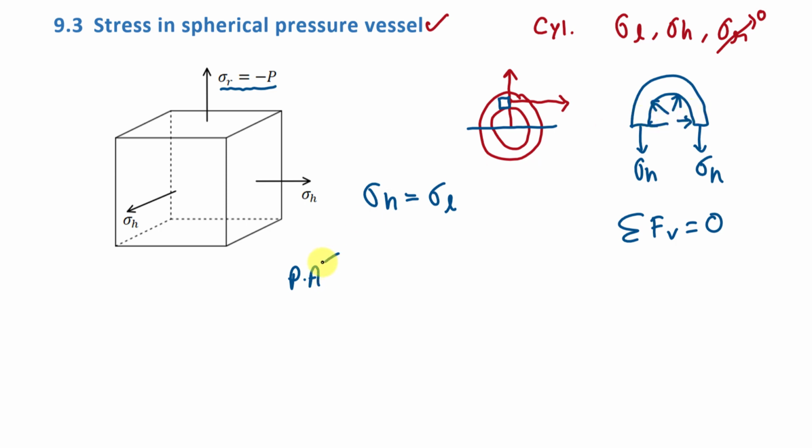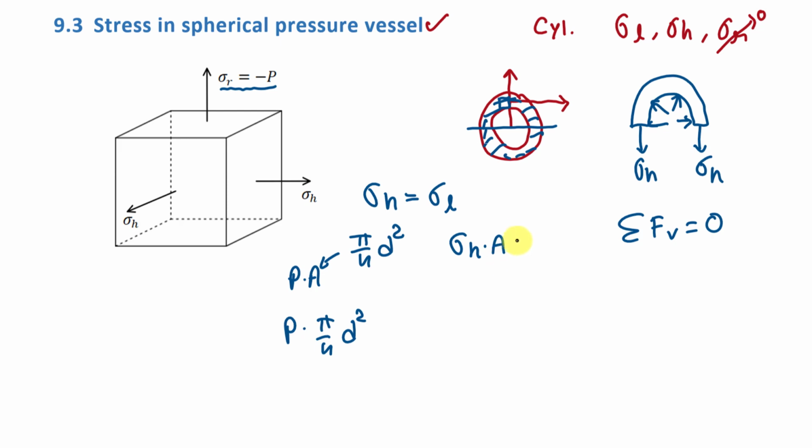So here we have to take area which is projected area by this curved surface, and that is going to be the area pi by 4 d square. So force by this pressure is pressure into pi by 4 d square. Now what will be the value of force by this stress? That will be sigma h into area, and in this case we have to take this area.